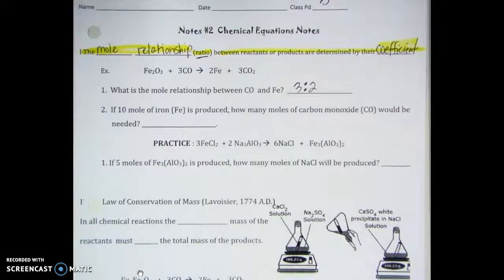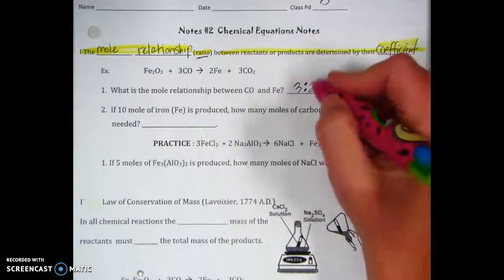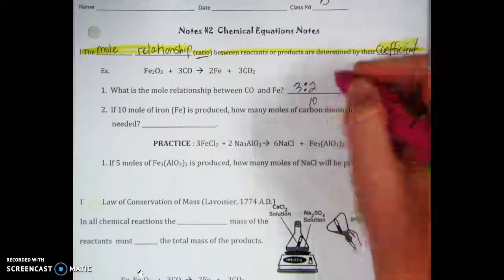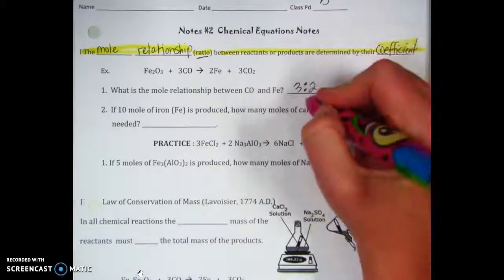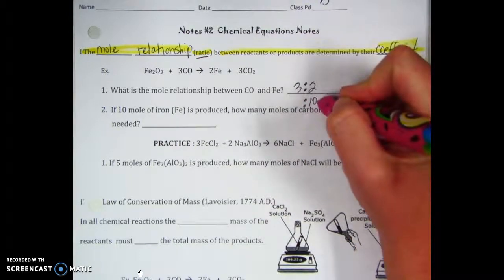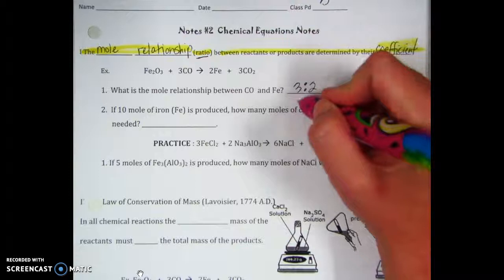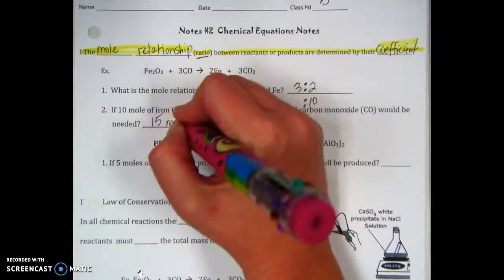Right? So if 10 moles of iron is produced, how many moles of carbon monoxide would be needed? What did I do to 2 to make it 10? So this needs to be 15. So you would need 15 moles.